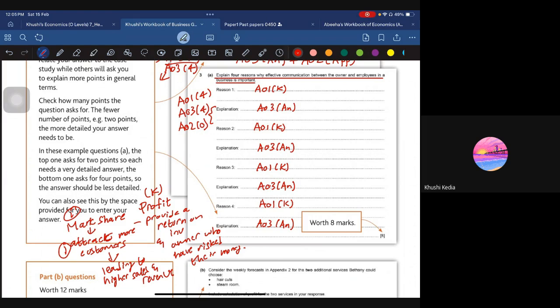Let's say you say the purpose is growth. Why? For more sales. This will be accepted. But something like this, I guess they might not accept in a 6 marker, because they will say, okay, fine, what will happen when you attract more customers? That will eventually result in more sales and revenue.